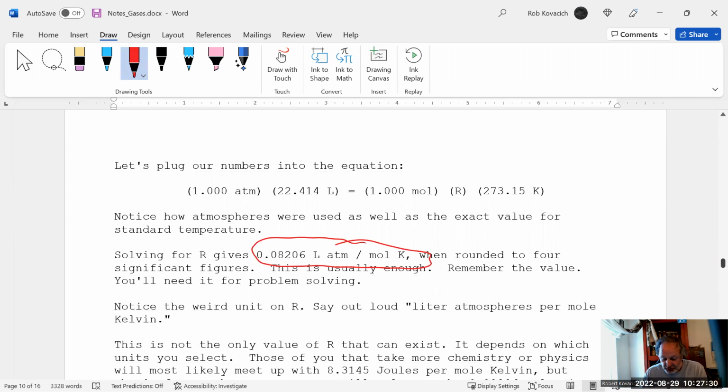That's it. So you will get this every time. And when you say this out loud, you're going to say liter atmospheres per mole Kelvin.